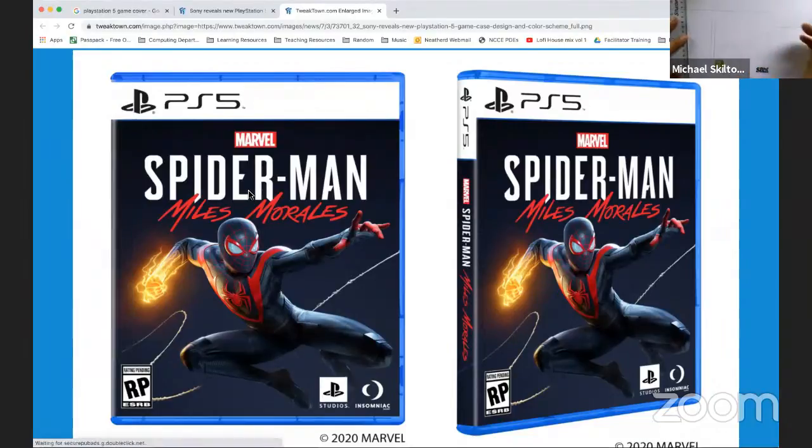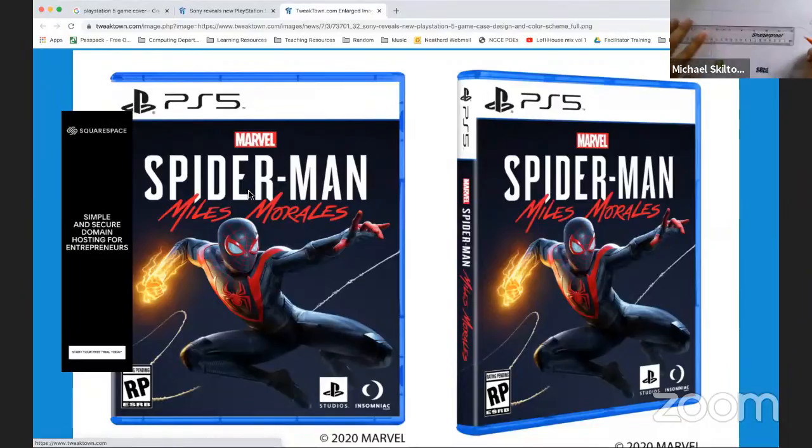So what have we got here? Well, lovely, this is nice and simple for us. It looks like the only thing that really marks this out as a PlayStation game is that very iconic blue casing. But I'm not going to be using that blue plastic casing. I can still use the convention of the PS5 logo, the PlayStation logo, on the spine and at the top of my design.